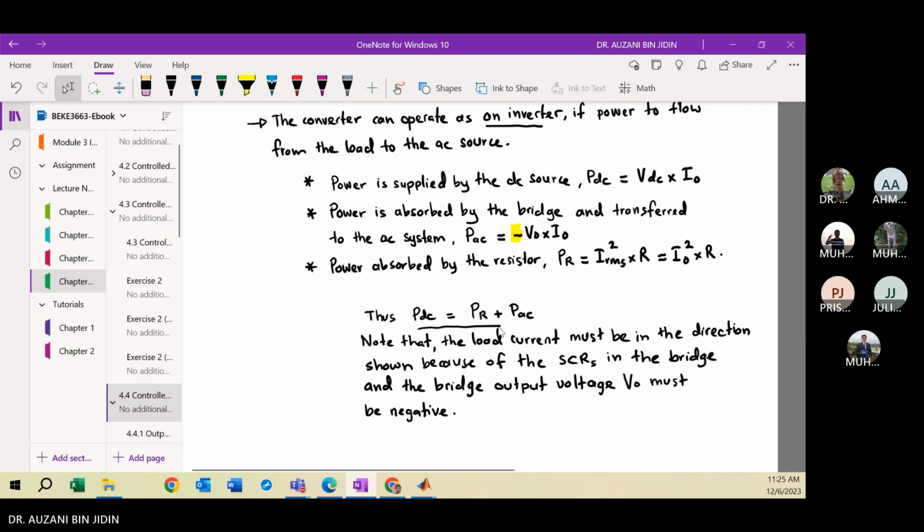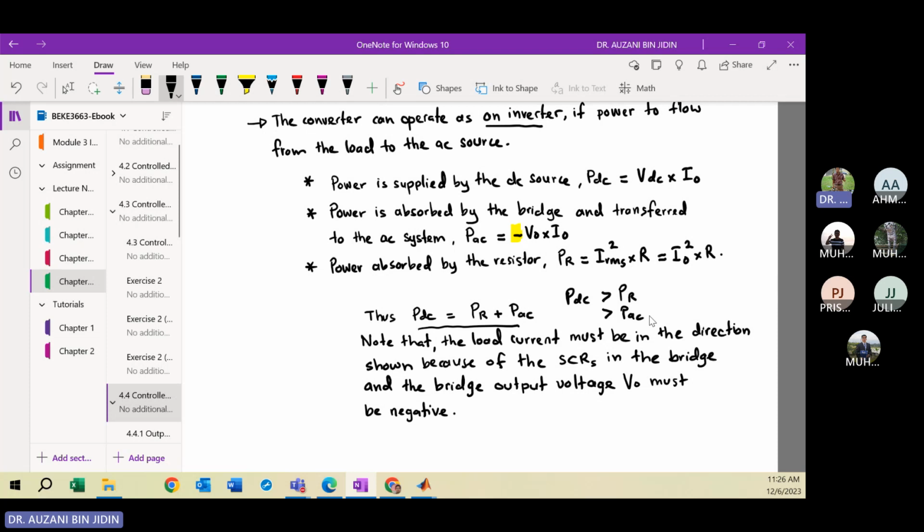In this equation, PDC must be larger than PR and PAC, because you transfer the power from the DC source to the AC. So PDC is always larger than the power absorbed by the resistor or the bridge.